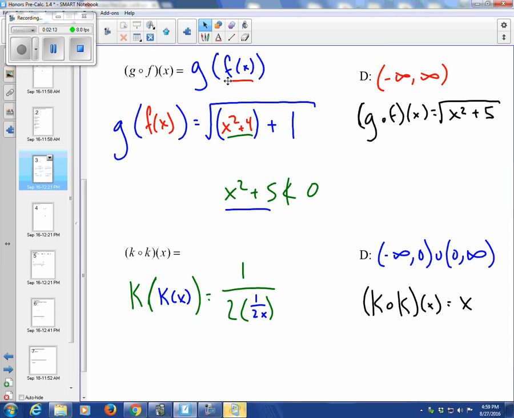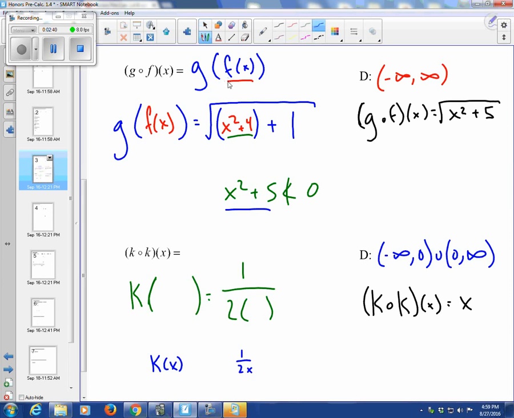All right, so our last composition is an interesting one. We've got k of k of x, and basically what that means is we're taking the k function and plugging it into itself. So right here, what we can say is that we would have our outside function as k, right? And if we look at what k is, that's going to be multiplying an input by 2 and then dividing 1 by that number.